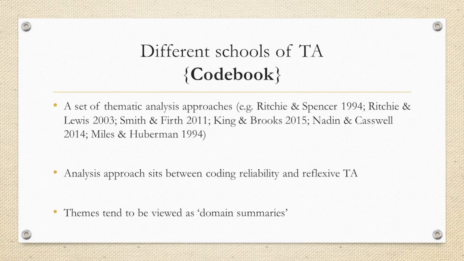And this approach sits between coding reliability and reflexive thematic analysis techniques, where they have a structured approach to coding, as with coding reliability thematic analysis, but with the broadly qualitative underlying philosophy of the reflexive thematic analysis technique by Braun and Clarke. Themes are determined in advance of the full analysis. These are conceptually viewed as domain summaries.